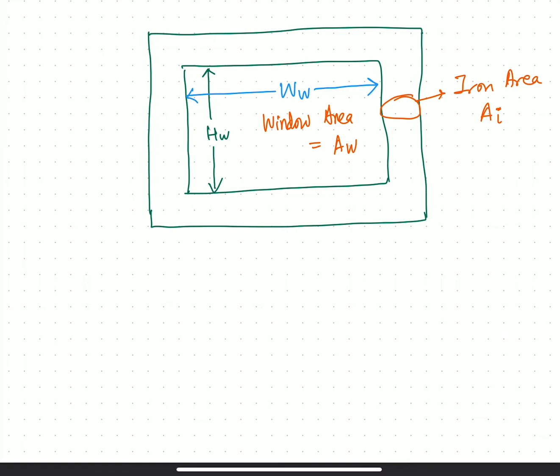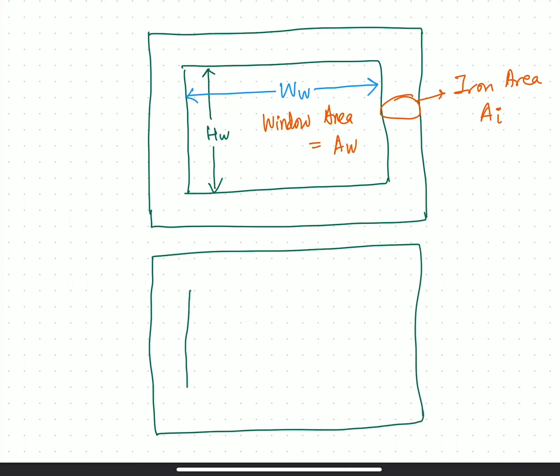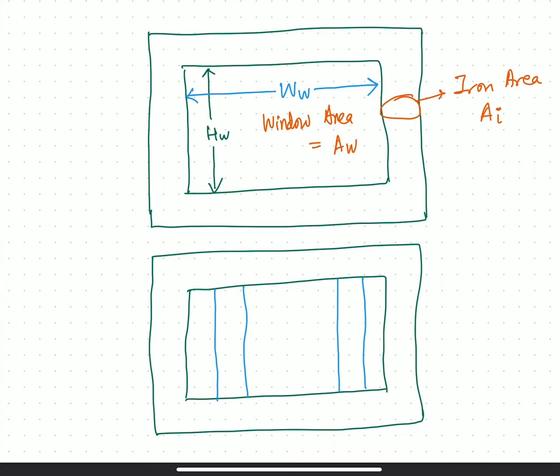So if you see the winding arrangement for this transformer, if this is the LV winding, this is the HV winding.